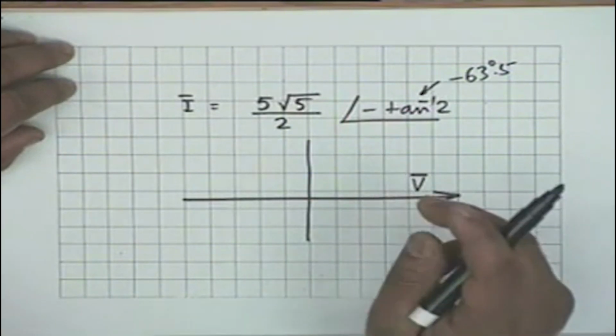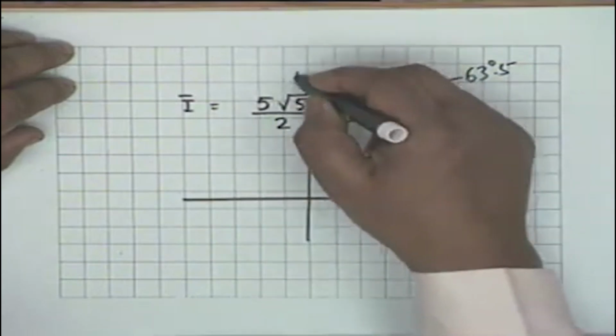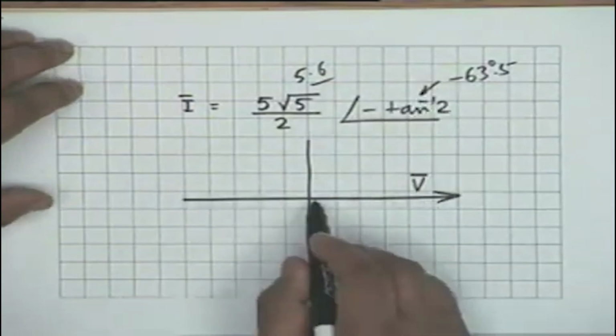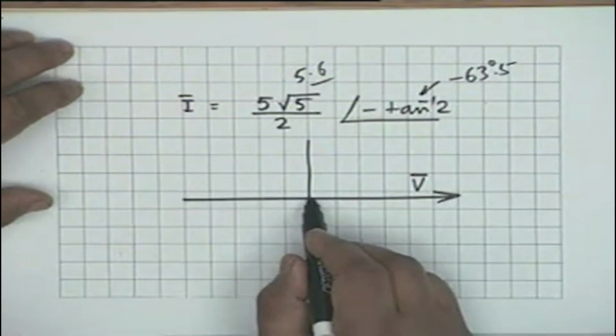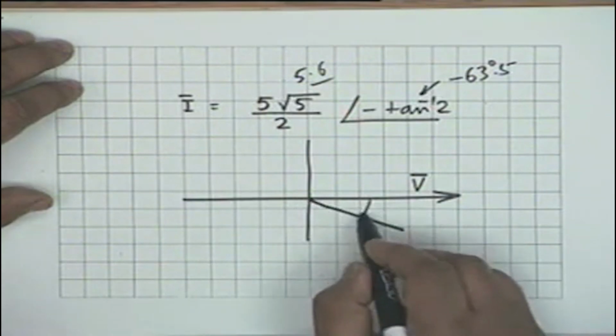So the current phasor therefore lags the voltage by an angle of 63.5, it's not to scale, and the current phasor is here.